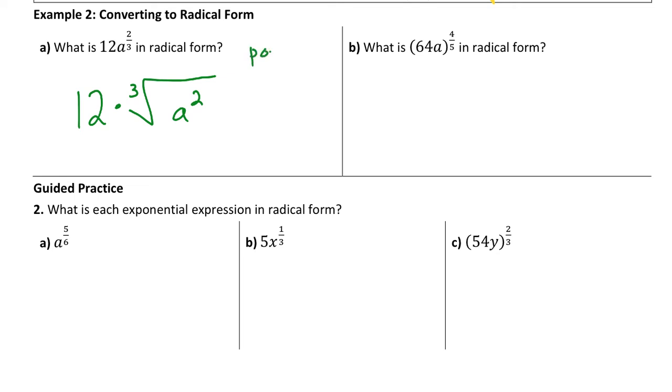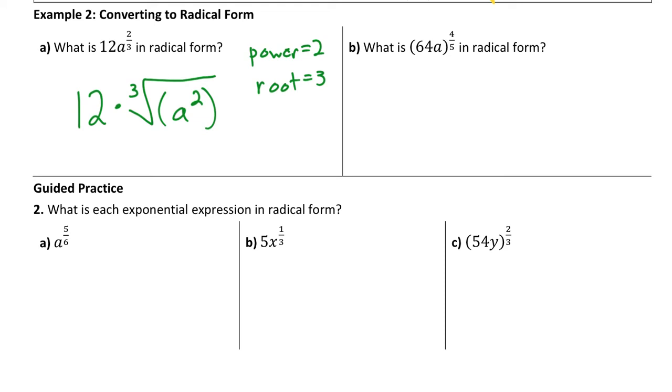The power is 2, the root is 3. So the power is on the top, the root is on the bottom. You could put this a squared in parentheses if you want, that's fine. But really just understanding power and root. The power is what the variable is being raised to. The root is inside that root symbol, that radical symbol.